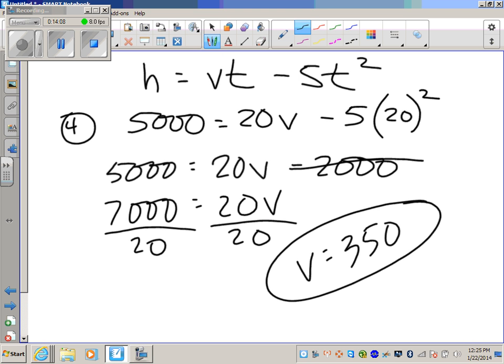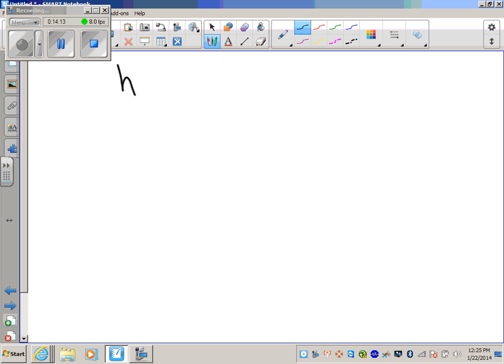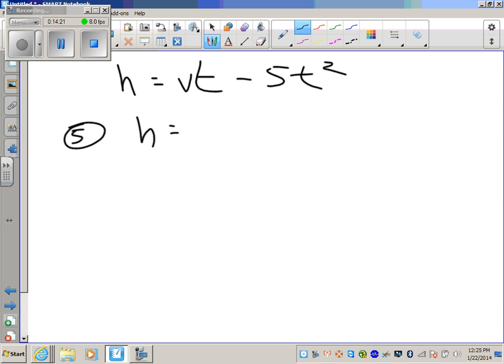Number 5. We don't know the height. It's going to make this really easy. Velocity is 70. The time is 8. Give it a shot.